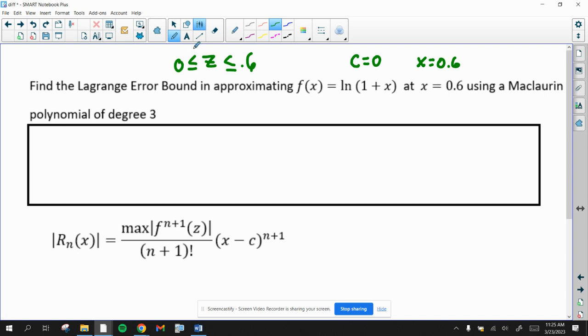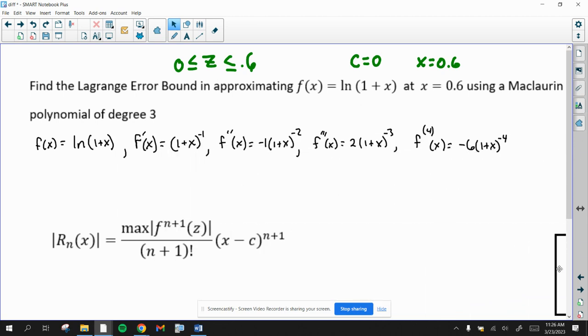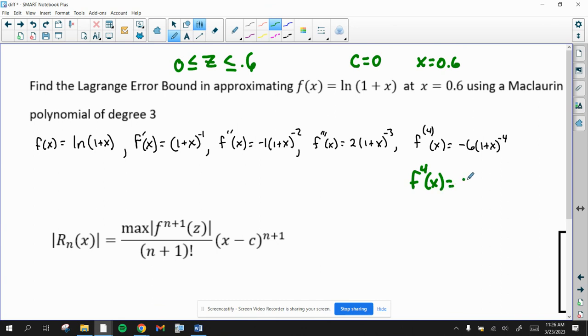Wasn't very well explained there, but you can see that. So all I know is I'm going to need the fourth derivative of this function. I already did that for you right here. The fourth derivative of this function is negative 6 over 1 plus x quantity to the fourth.